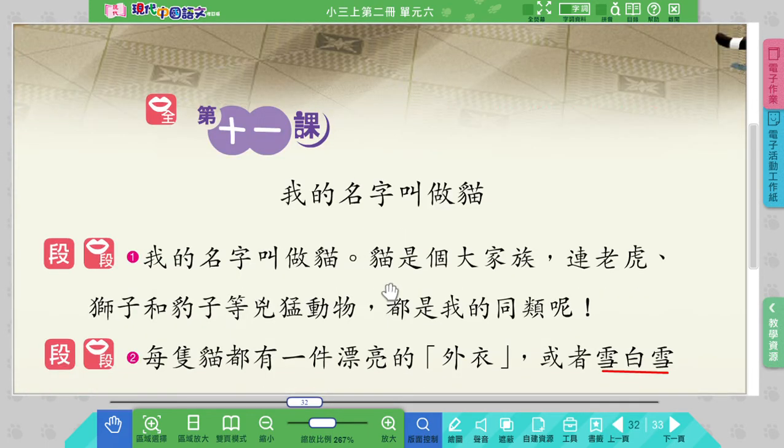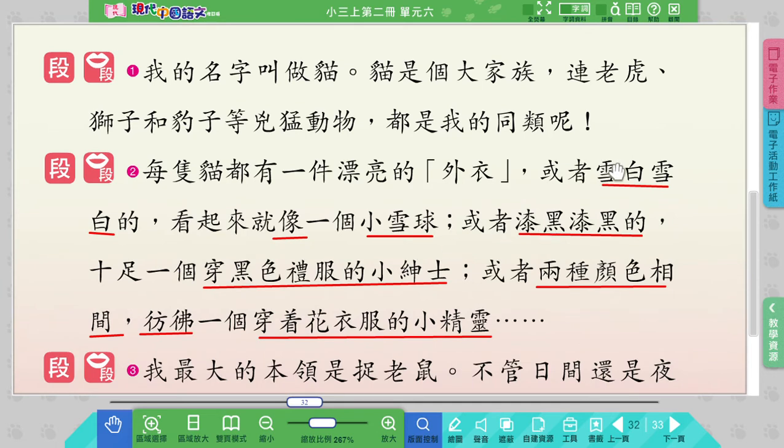So we go back to the second paragraph. So now 雪白雪白的, the white cat. So the white cat looks like what? 像 means look like a small snowball. 漆黑的, so the second color is black.